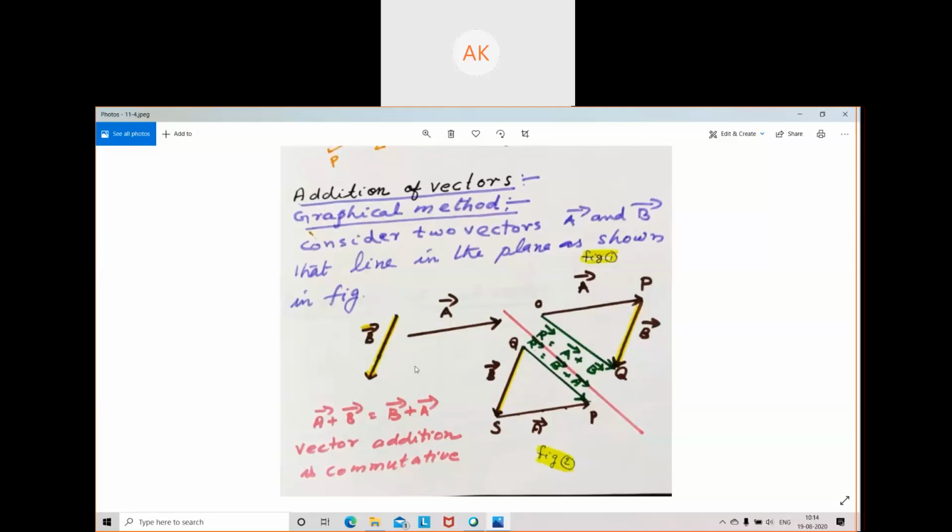This has 4 centimeter and this also has 4 centimeter. Direction, be very careful. This must be parallel to the given vector B. So I have represented vector B here, tail at Q and tip at S.